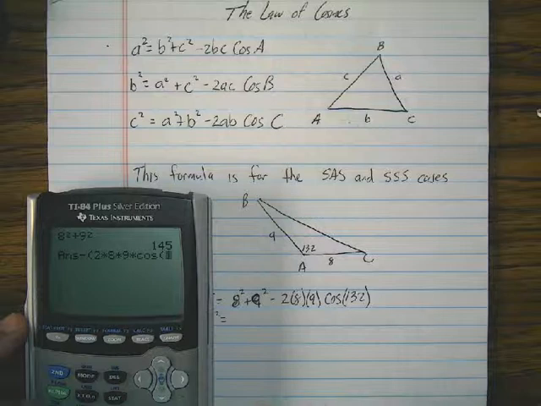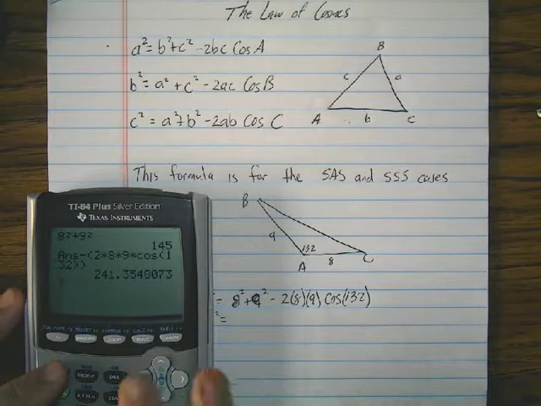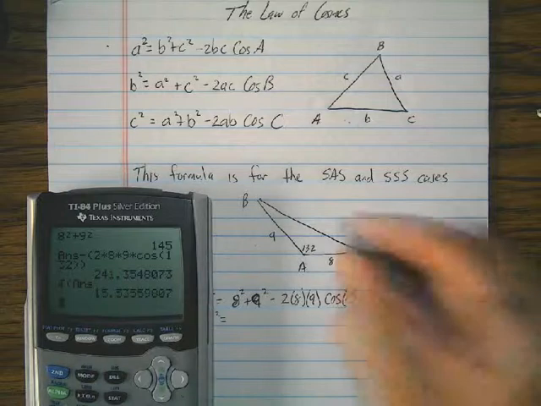Then you're going to take the square root of that, because that's a squared. So we take the square root of the answer, and we get our solution. So we will round off to 3 decimal places: 15.536.